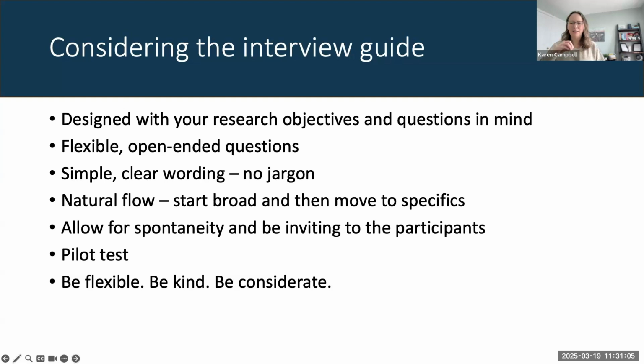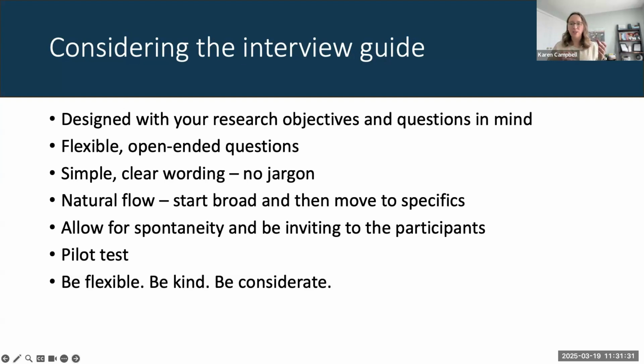I don't tend to pilot test with participants because I feel like that pilot test is data. That is your first participant. And you can change your interview guide at participant 1 or 2 or 5 or 10. It doesn't matter. So all of the time you're constantly thinking about, was this the right way to ask the questions?